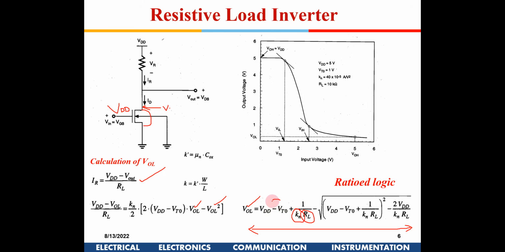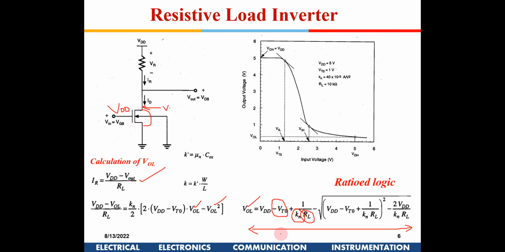And like somebody rightly brought out, threshold voltage: if you decrease the threshold voltage, VOL will also decrease, and obviously noise margin will also decrease. But this curve, VOL will come close to zero. Decreased VTO means increased current. So we have to be clear what parameters affect VOL and how they affect it.